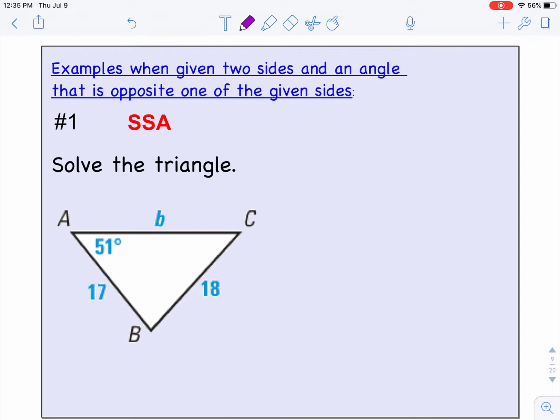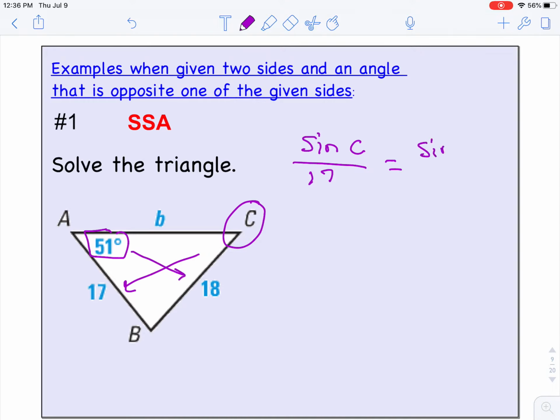Let's go through this one together, because now we're going to be given two sides and one angle. So now we have to be able to find that angle. We can't just use triangle sum. For example, if we are going to find angle C, that's what we need to find. The sine of angle C compared to the side across from it, its matching side, is going to equal the same ratio as the sine of A and its matching side.